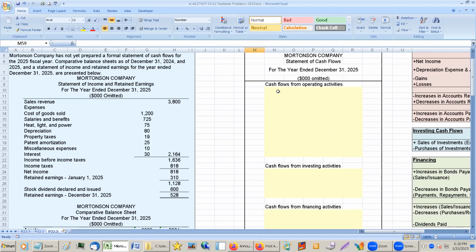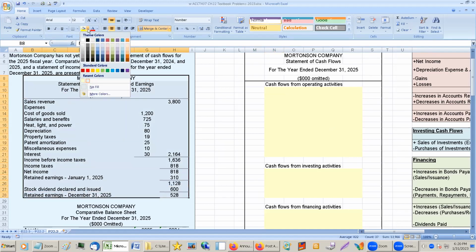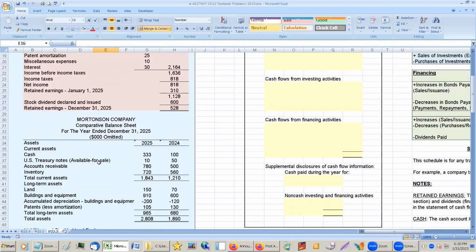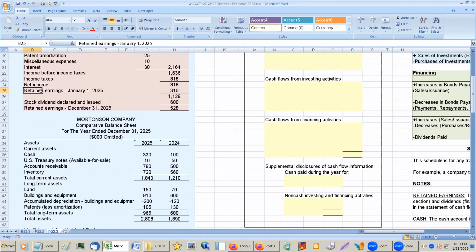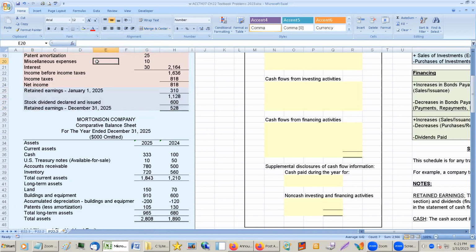All right, here's our income statement. We'll make that color. This is actually something a little different down here. Make that color.